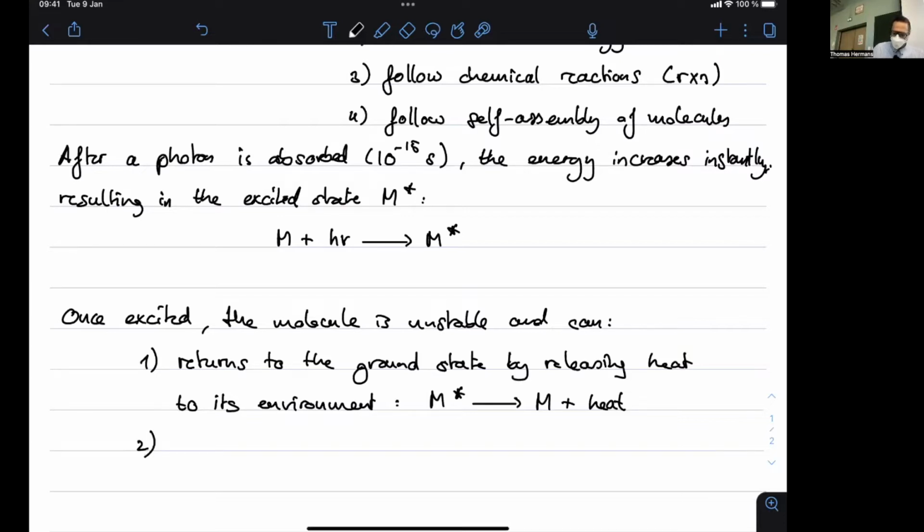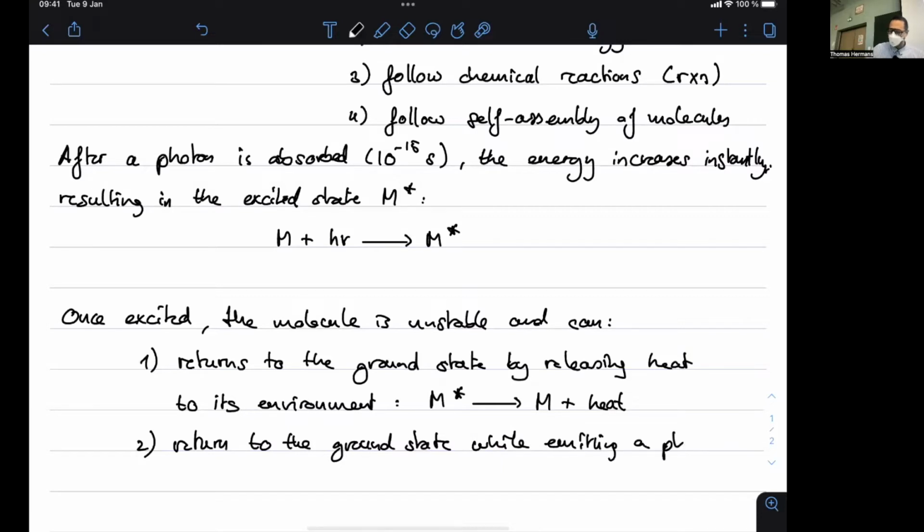Two, it can return to the ground state while emitting a photon. So that's called fluorescence or phosphorescence, okay?